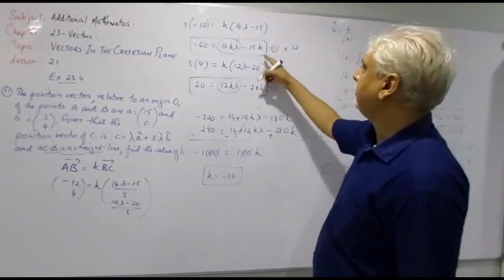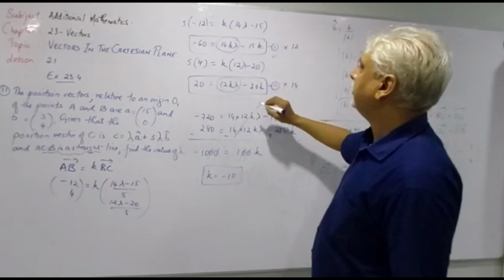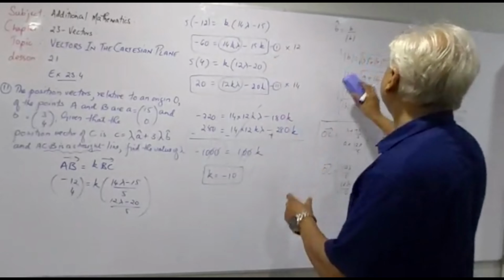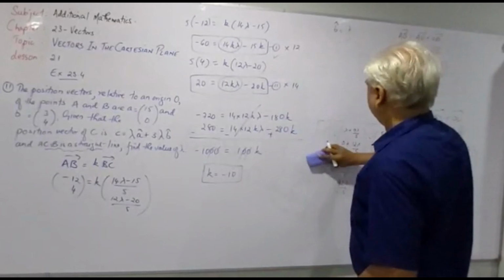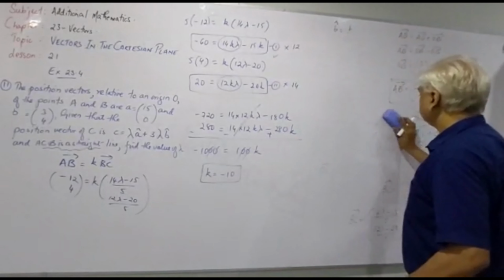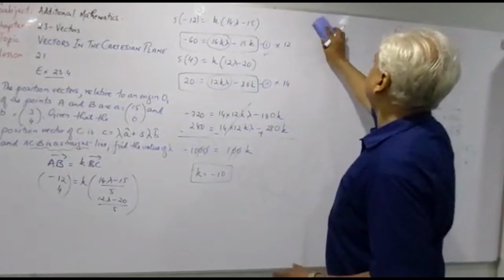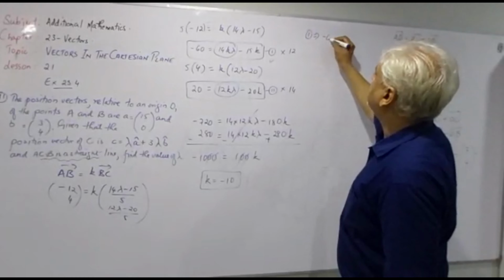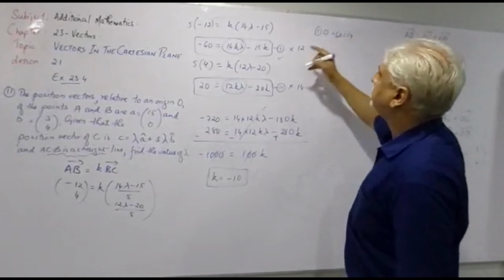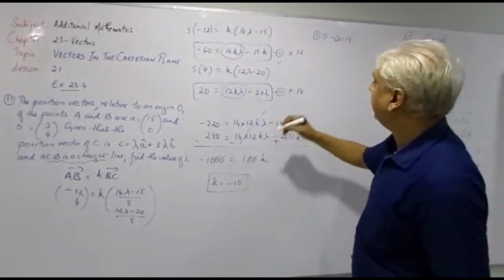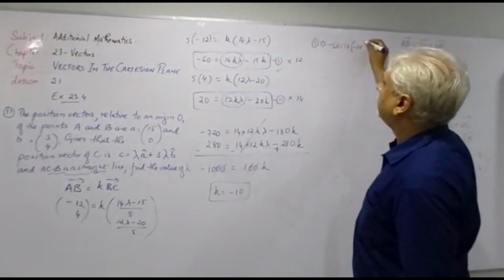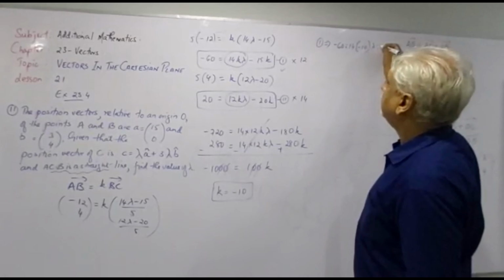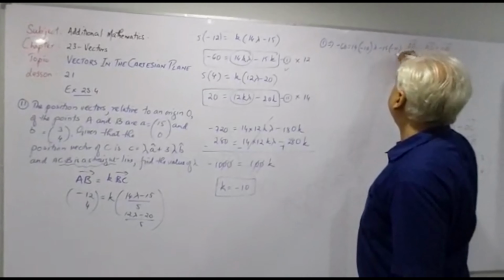Now let's substitute in any one of these equations to get the value of lambda. So I'm substituting in the first equation. Your first equation would now be minus 60 equals 14, and in place of K, I'm substituting the value minus 10, lambda minus 15 into minus 10.